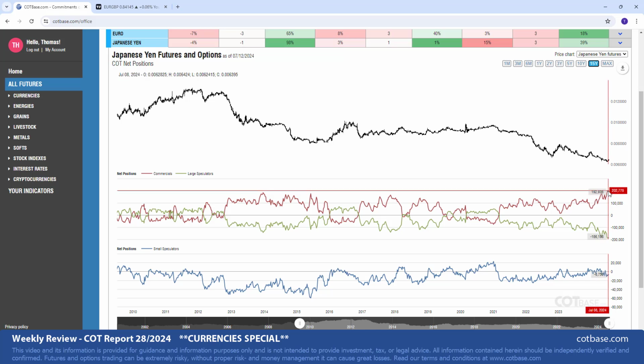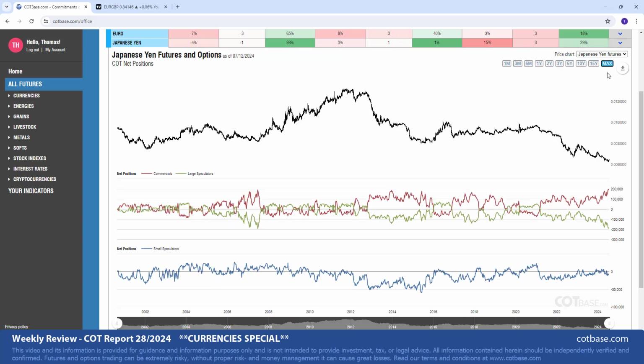Basically, we are at historical lows for the Japanese yen, right? That's the reason we are at this bullish COT extreme, but I would not be surprised if we see the decline continue in the Japanese yen while we get an even greater bullish COT extreme.